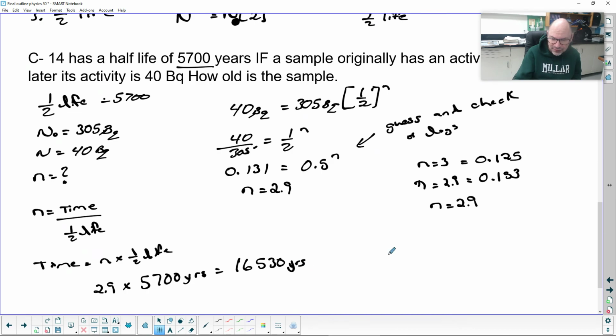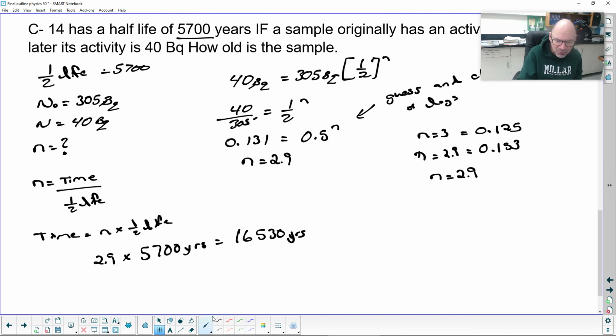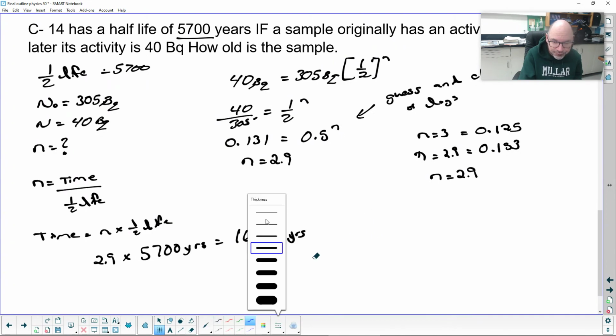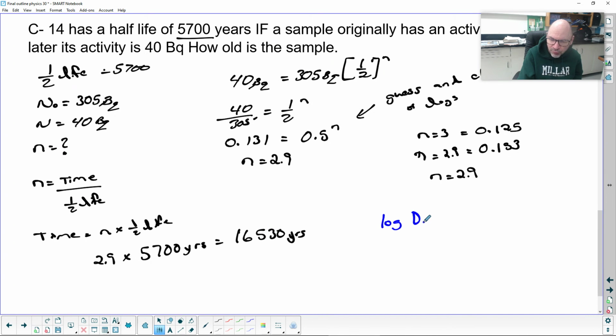Okay, now if you did logs, I'll do it in blue. If you did logs, if you were in Pre-Cal, you could have went log 0.131 equals log 0.5 to the power of n. So this, you could bring the n out front.